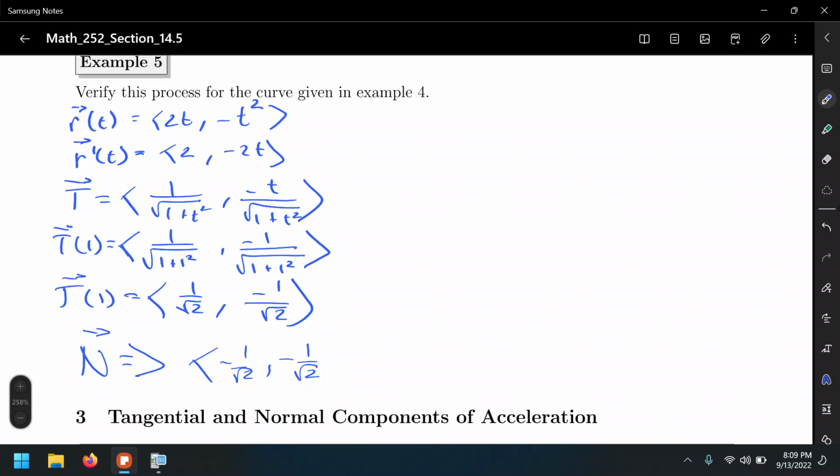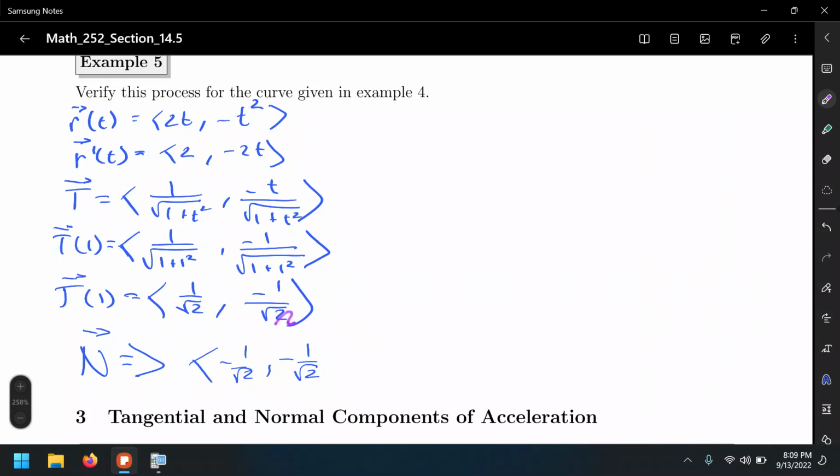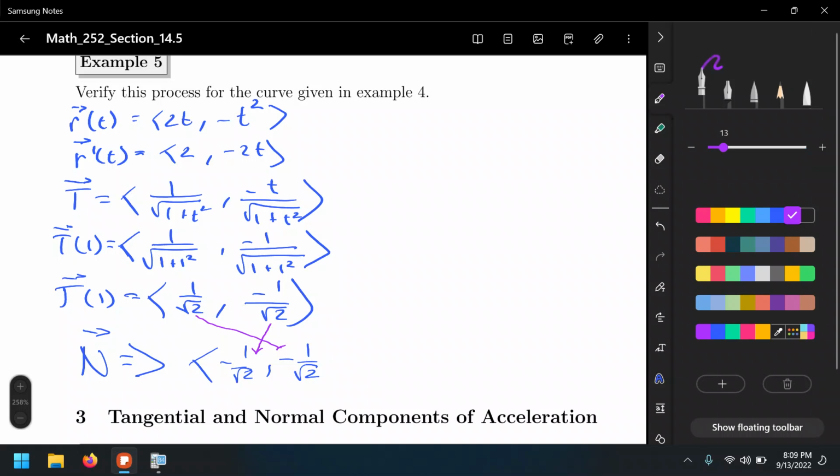In this case, I'm changing the sign of the second component. What am I doing here? I'm sending the y component to become the x with its sign, and I'm sending the first component to be the second component, but changing the sign. Okay? That's one possibility.